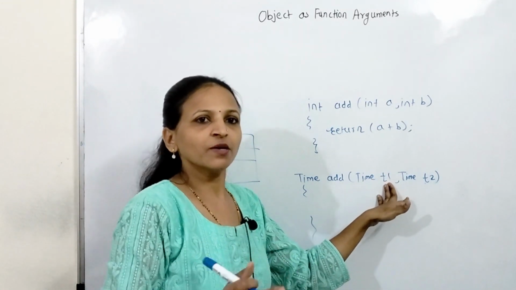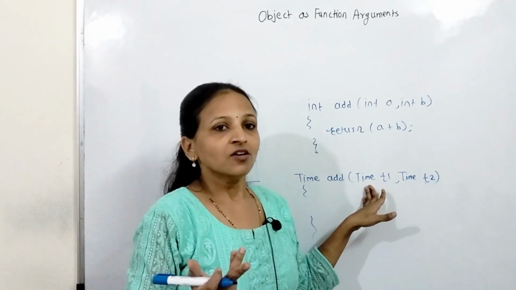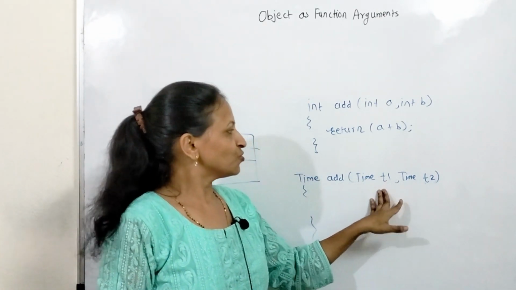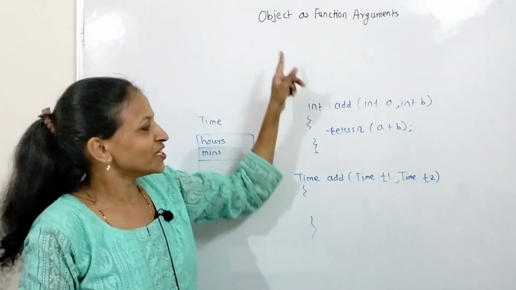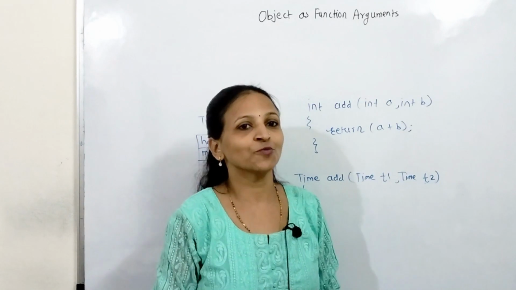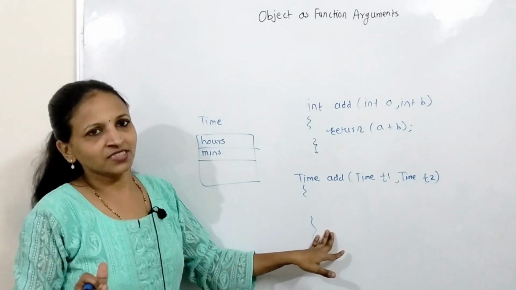Object is nothing but a variable of a class. Time is a class and t1 is an object. Now just like basic data type variables, we can pass an object as a function argument. This is the only concept. Getting? We can achieve this very easily.